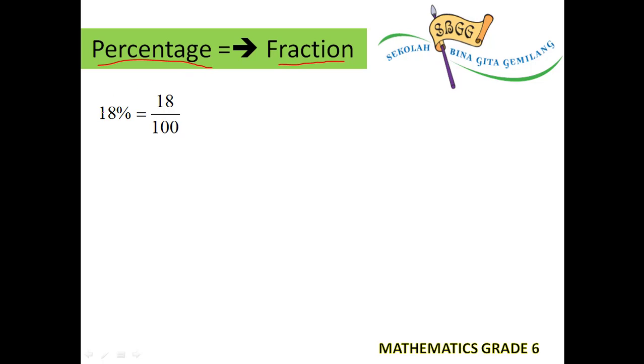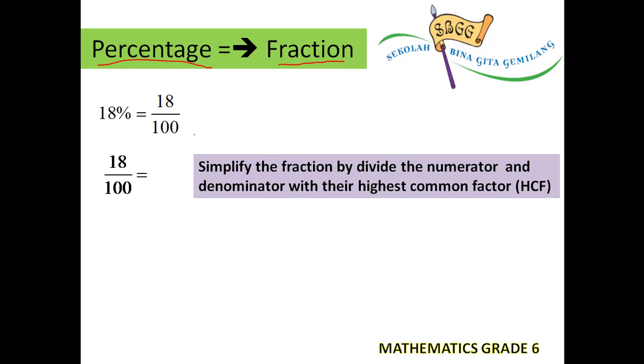As I told you before, 18% is equal to 18 out of 100 or 18 per 100. What must you do? Simplify the fraction by dividing the numerator and denominator by their highest common factor.